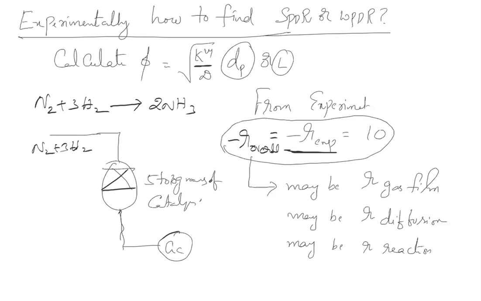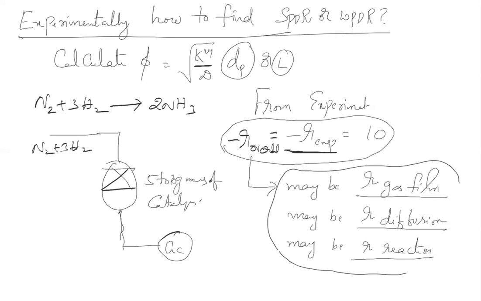Whichever is the slowest of all will govern the rate of overall reaction. Is it clear till now?